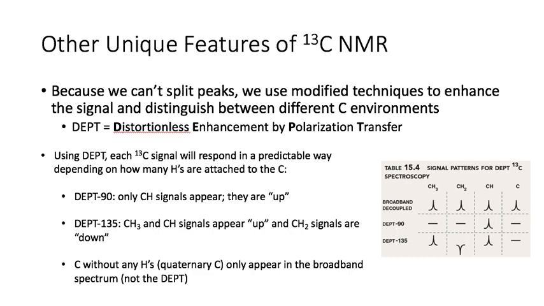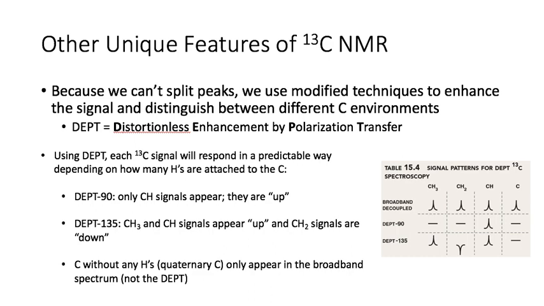Then another modification you can do is run a DEPT 135, and in this case you can pick up CH3, CH, and CH2 signals, and you can tell the direction. CH3 and CH signals are in the up direction, and the CH2 signals are in the down direction. If you have C's without any H's, they only appear in the main spectrum, not the DEPT.